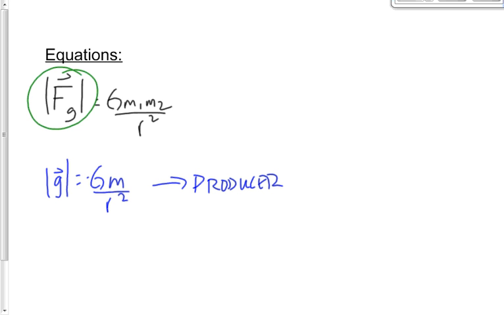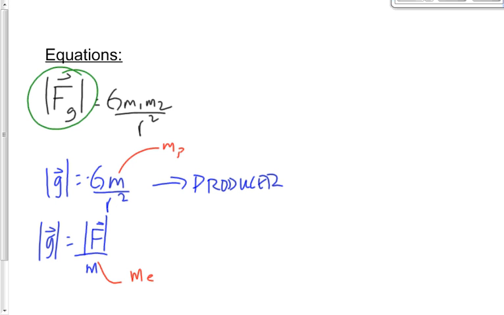If, on the other hand, we know something about the pen experiencing the Earth's gravitational field, then let's use the experiencer equation. It's g = F over m. M in this case would be the mass of the producer, and m in this case would be the mass of the experiencer.